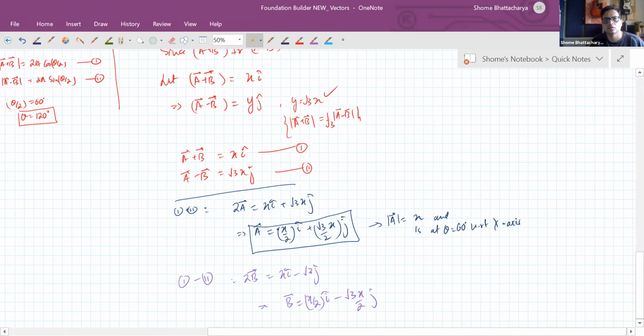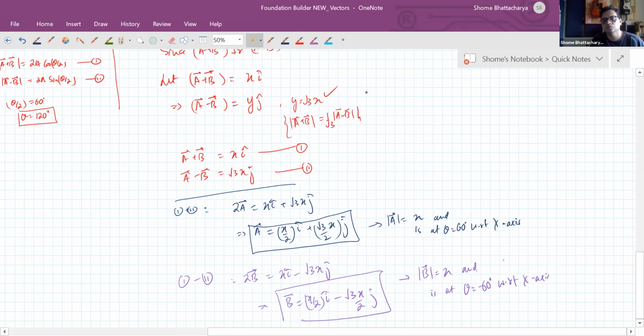Okay, so now you can understand from this that the vector b also has a magnitude of x only, and it is at minus 60 degrees with respect to the x axis.